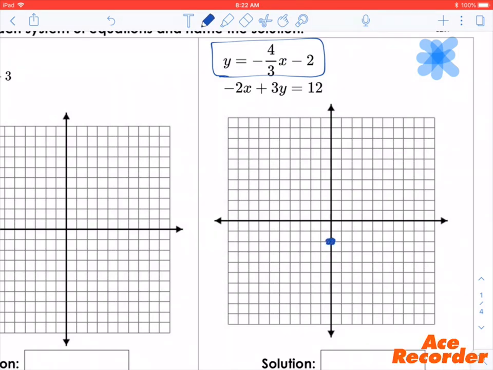And our slope is going down 4, since it's negative, it's going down 4 always to the right. So down 4, right 3. Down 4, right 3. And you can go further than that if you want, but that should be enough for our line.